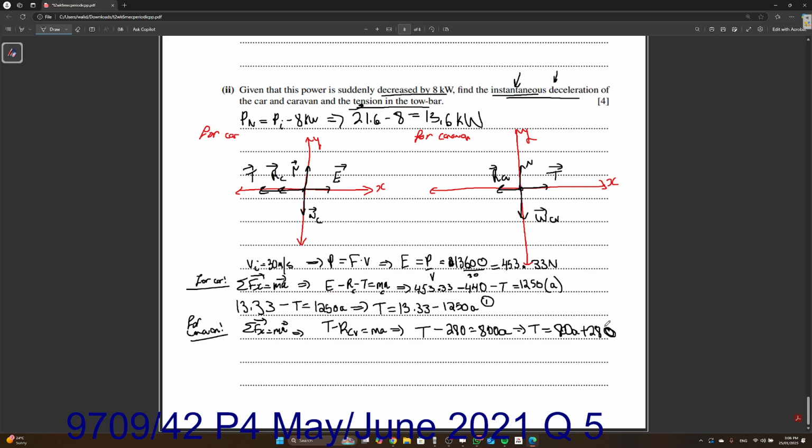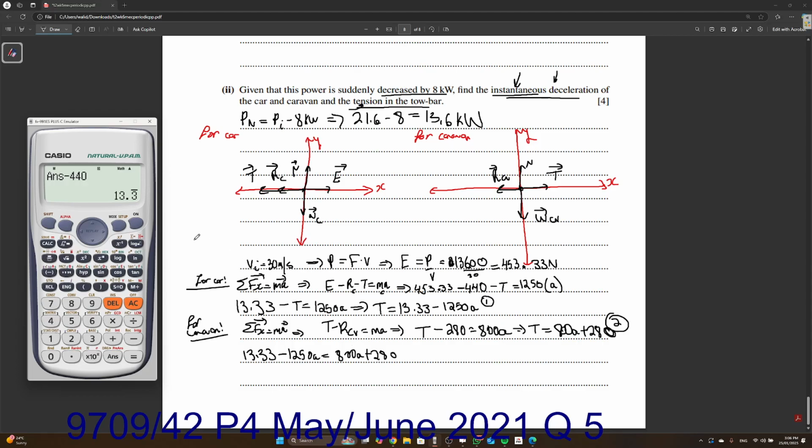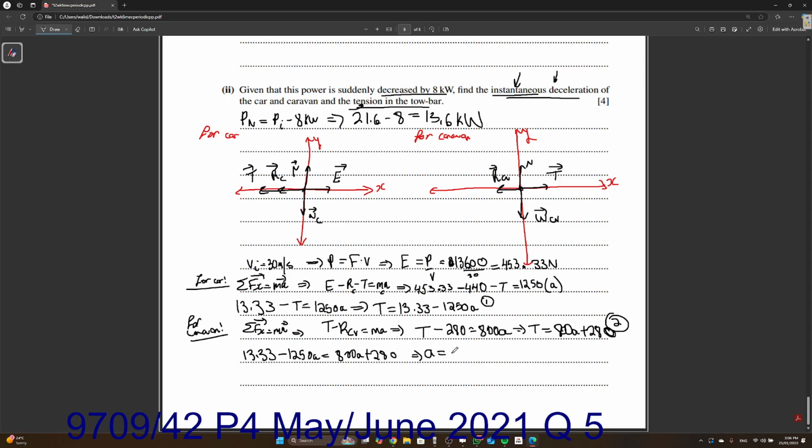So now I have two equations for T, equation 1 and equation 2, and I can just equate them to each other. That means 13.33 minus 1250A is equal to 800A plus 280. Solve this equation and you should get A equals 13.33 minus 280 divided by 2050, which is negative 0.13 meters per second squared.